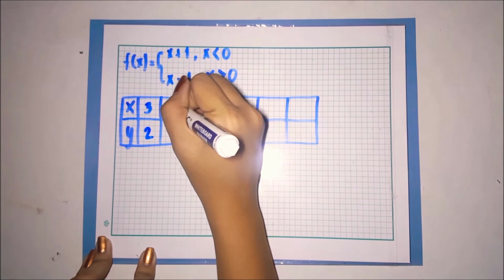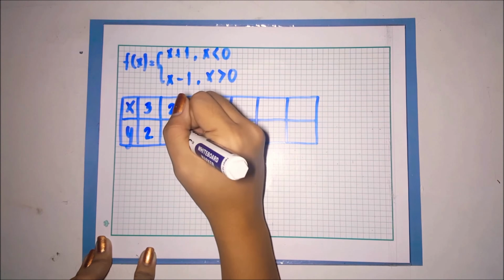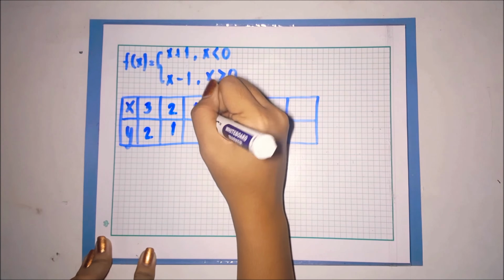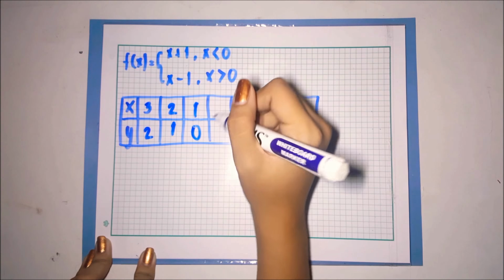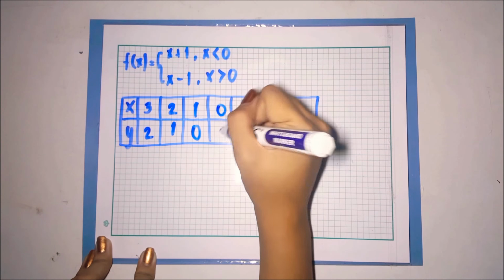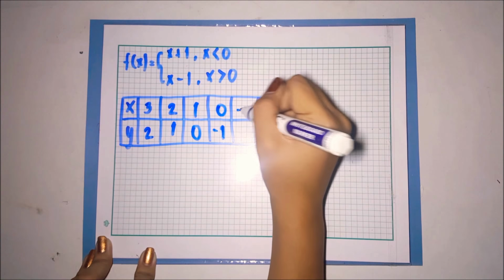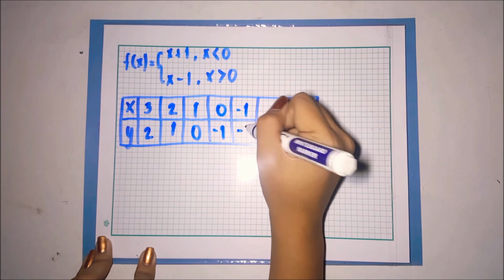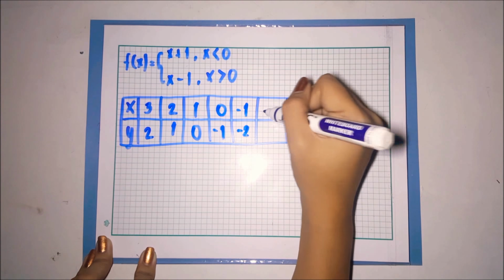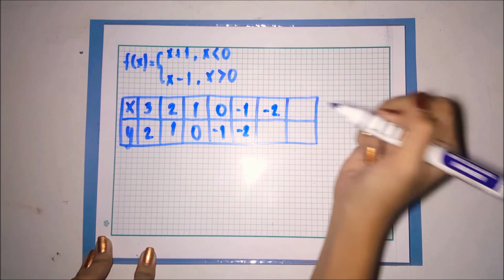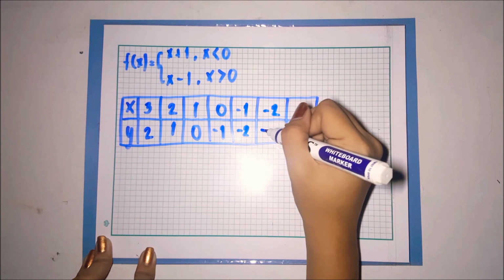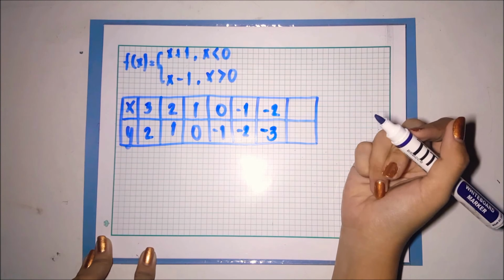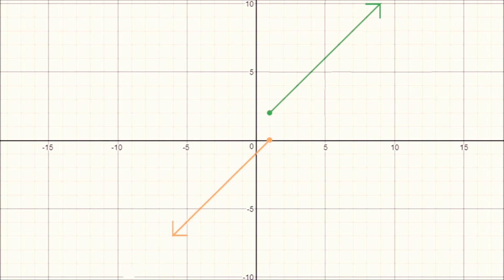If x equals 1, we get y equals 0. If x equals 0, we get y equals negative 1. If x equals negative 1, we get y equals 0. If x equals negative 2, we get y equals negative 1. It seems like this function is continuous at all points, as each x value we give it has a result, right? Let's look at its graph.